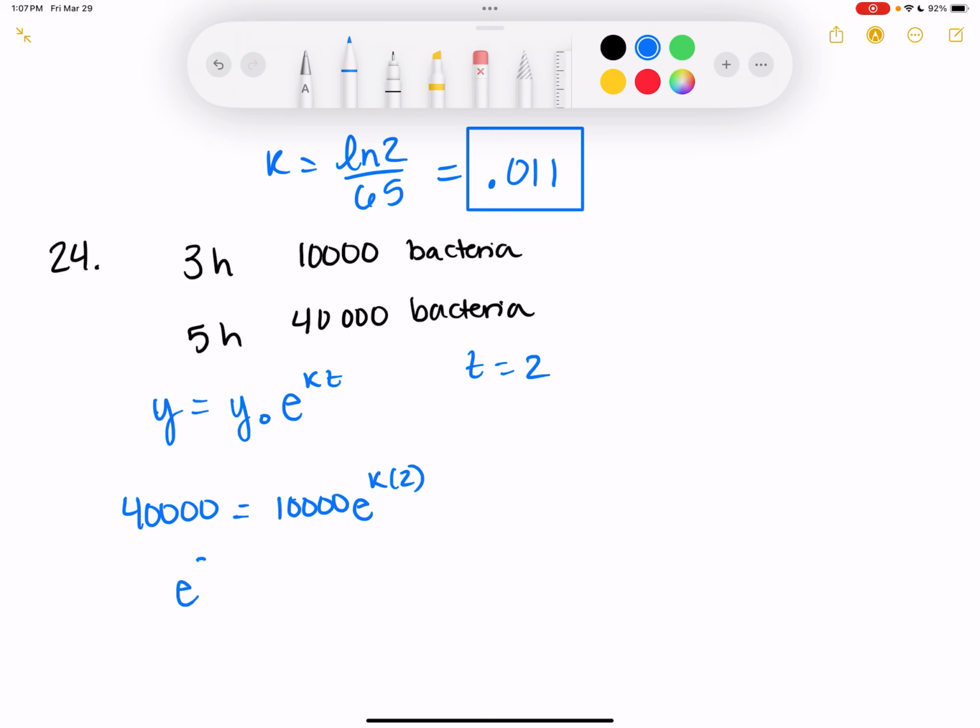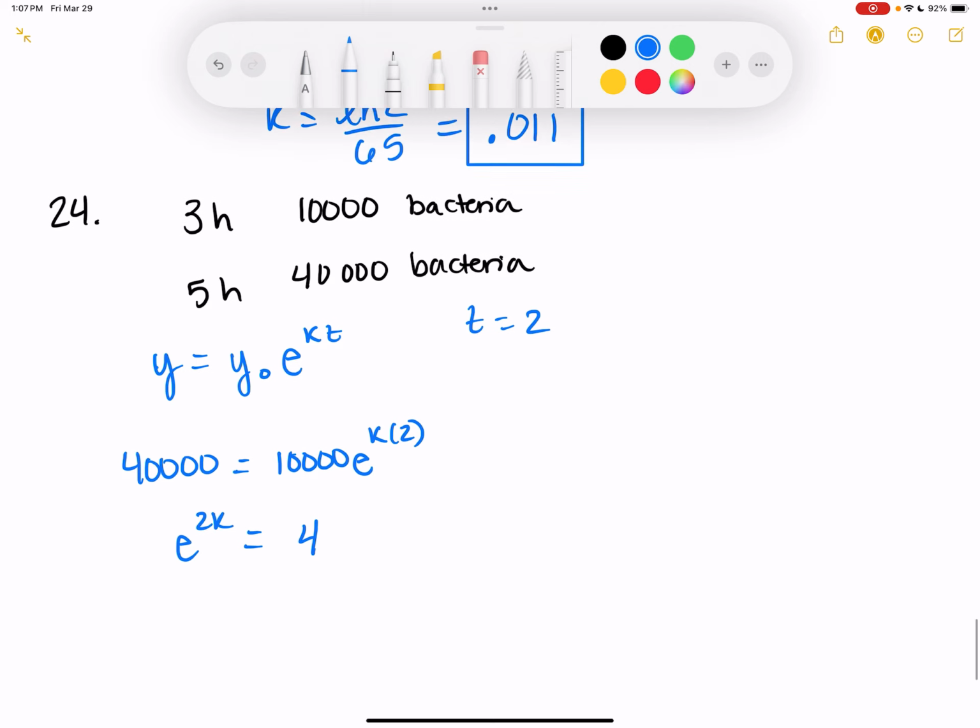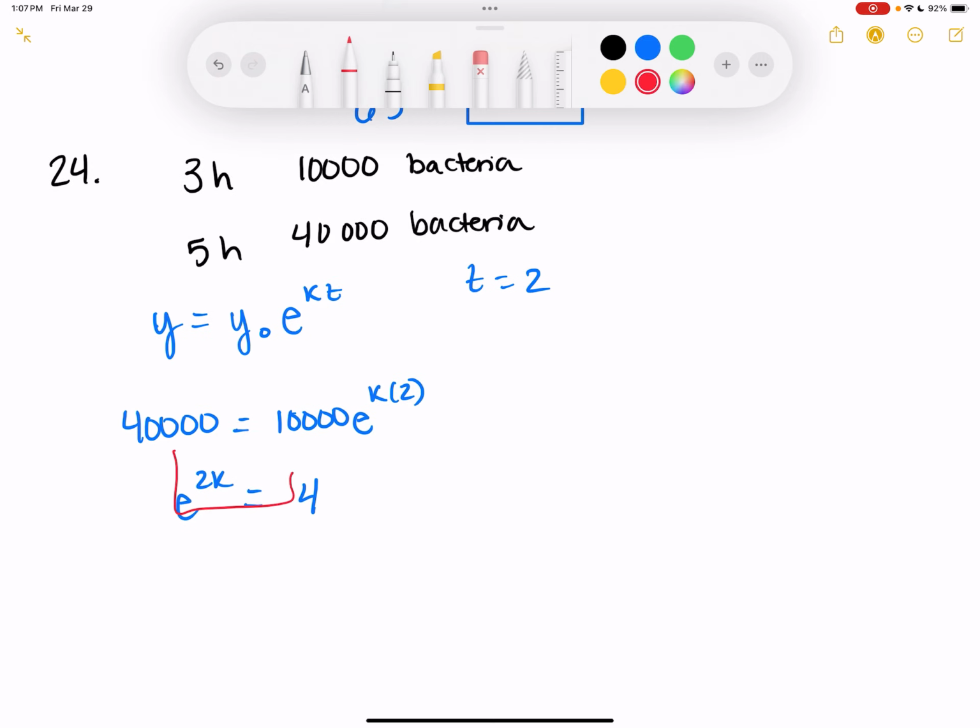So e to the 2k is equal to 4. So then using my ln, ln of 4 is equal to 2k. So k is equal to the ln of 4 over 2.